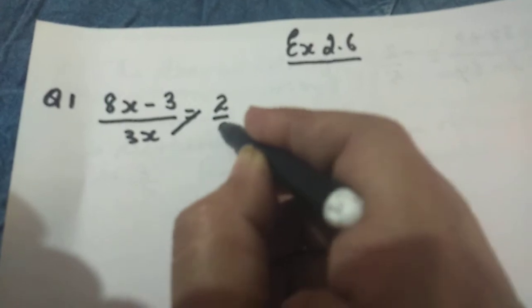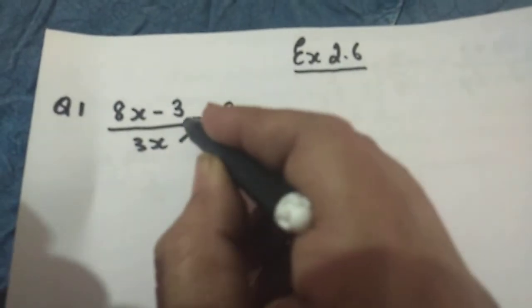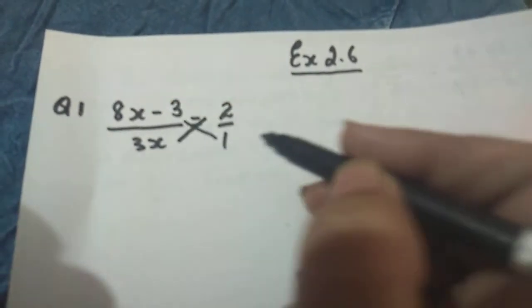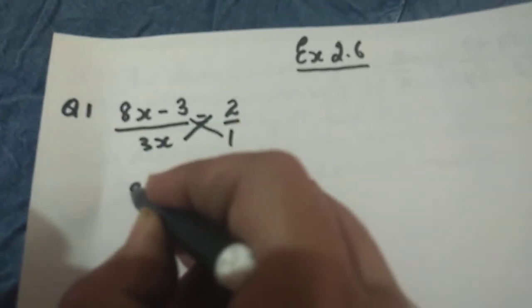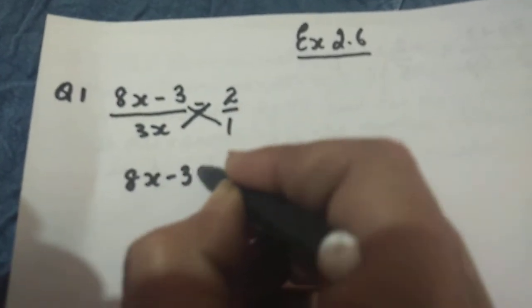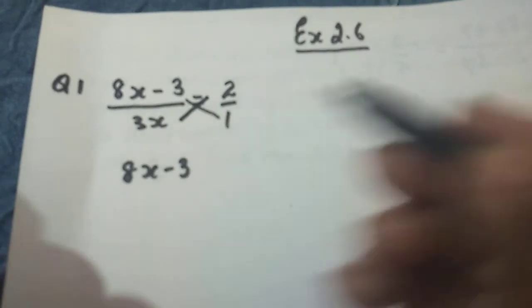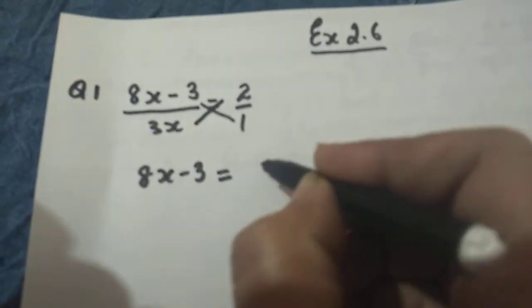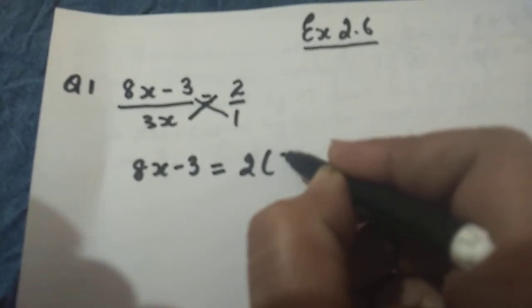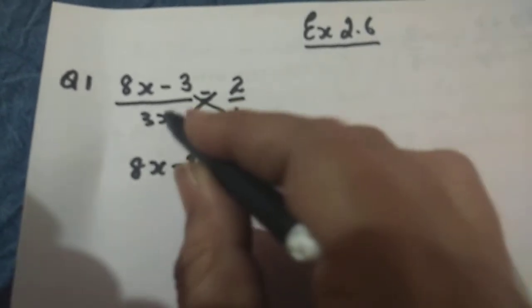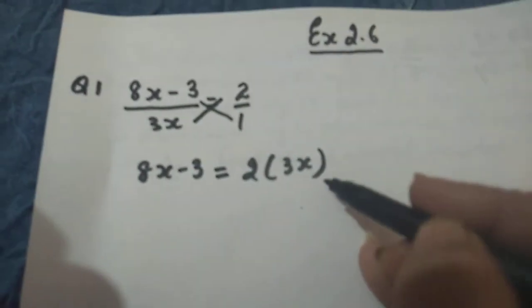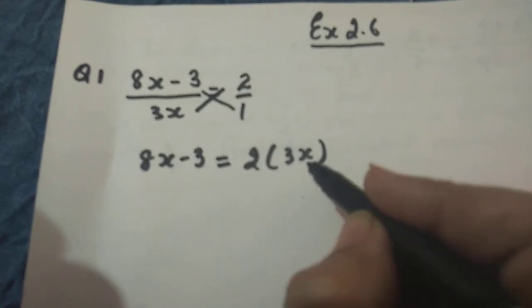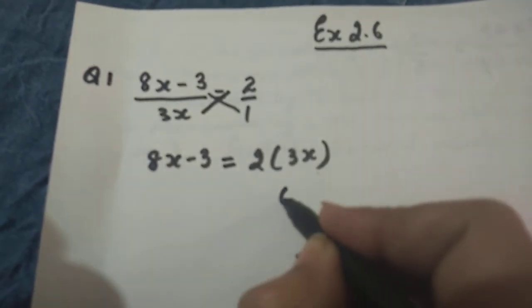Here nothing is there, so you can write it as 1, means we will cross multiply these. 8x minus 3 will be multiplied by 1, so the result will be the same, and on the other side this 3x will go with the numerator and multiply by this, so this will be 6x.